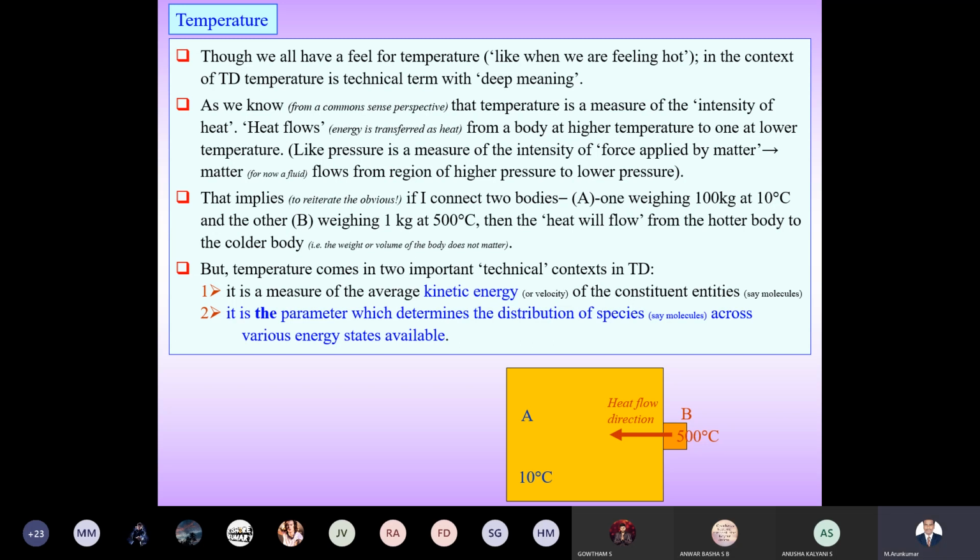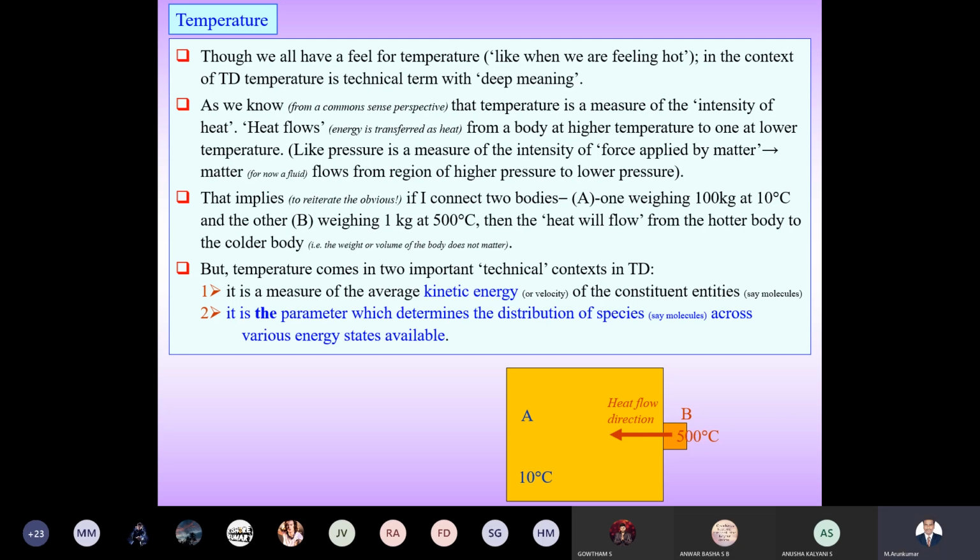Then the heat will flow from the hotter body to the colder body, right? So here it is 500 degrees Celsius, but the size of the object is less. But here the size of the object is more. Even so, the heat is transferring because object B has more temperature compared with object A. So here there is a heat flow.